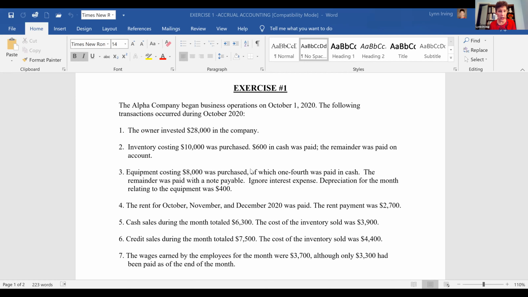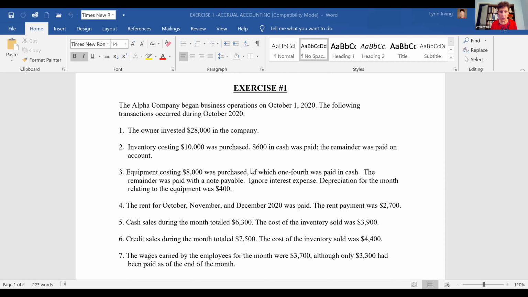On October 1st, when I paid that rent, I have prepaid rent, just like I had prepaid insurance. And so that prepaid rent on October 1st would be $2,700. But on October 31st, I have used up 1 month of that rent.